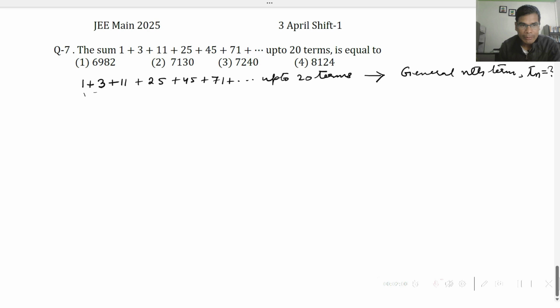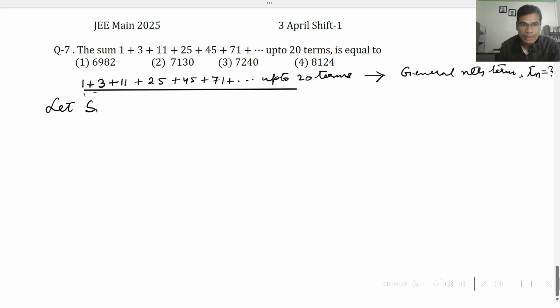Is there any method or technique which helps us to find the general nth term of this series? To find it, let us take the sum up to the nth term instead of only those first 20 terms.